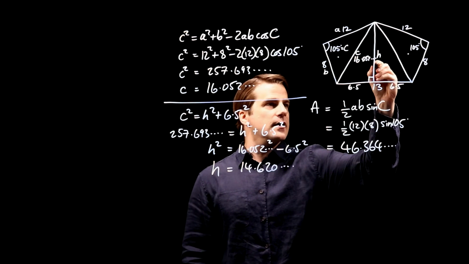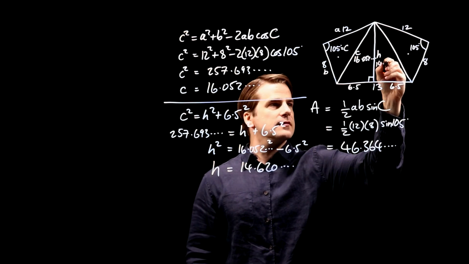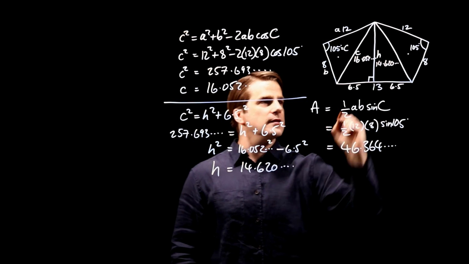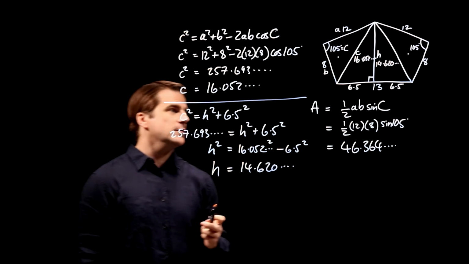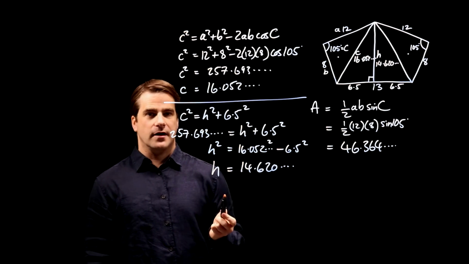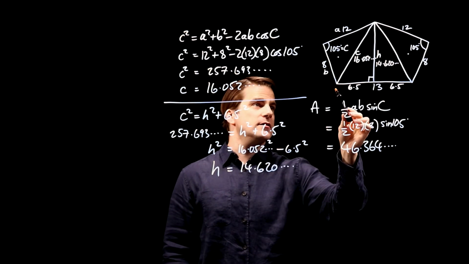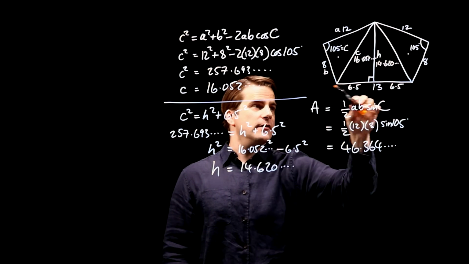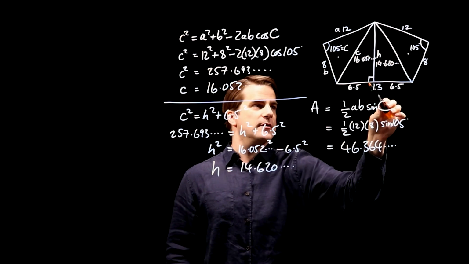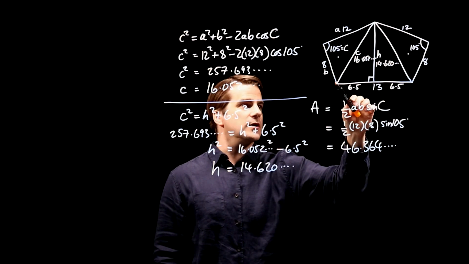Okay, so we've got the height now, 14.620 something. Brilliant. So now all we have to do is use half base times height to work out the area of the triangle. Let's do it for the whole thing, the big triangle. We could do it for each half, but it's just giving yourself extra work.